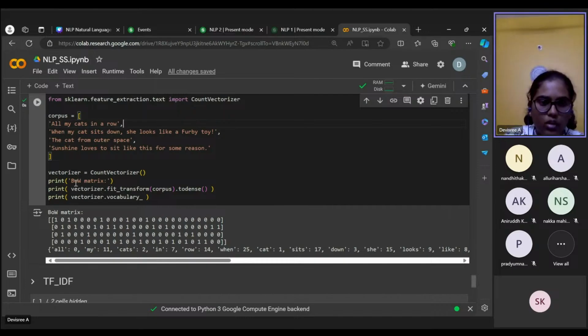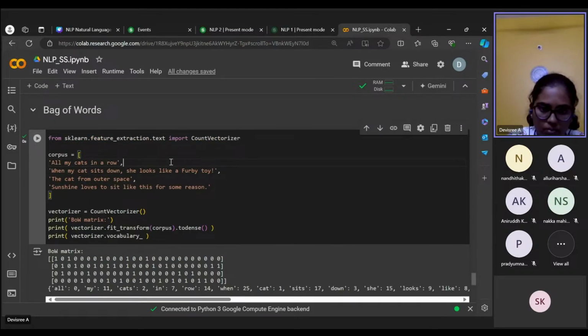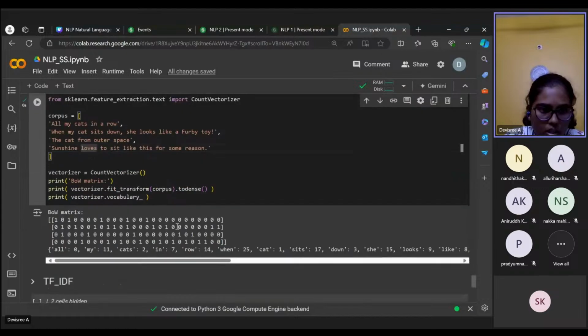So its corresponding bag of words matrix will be obtained when you fit and transform this using the vectorizer. You pass this text, the corpus, through this function, and you print its corresponding bag of words matrix. Here this is the vocabulary of the vectorizer.